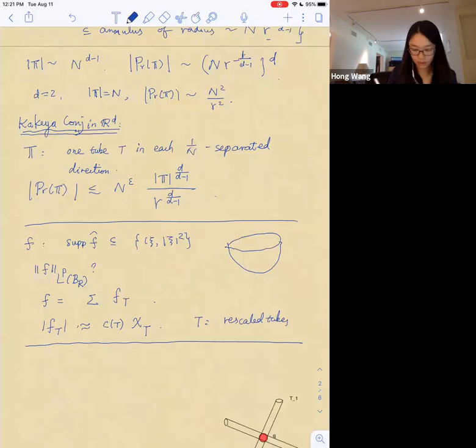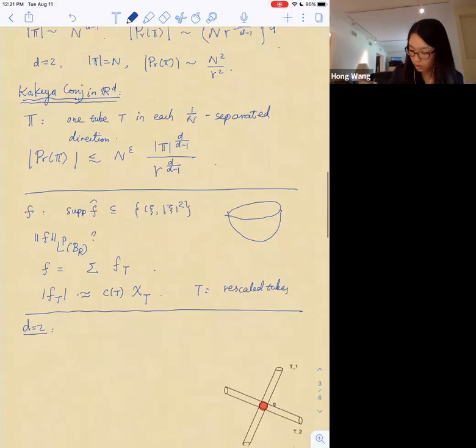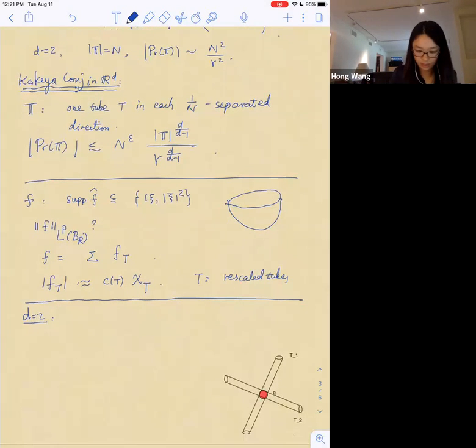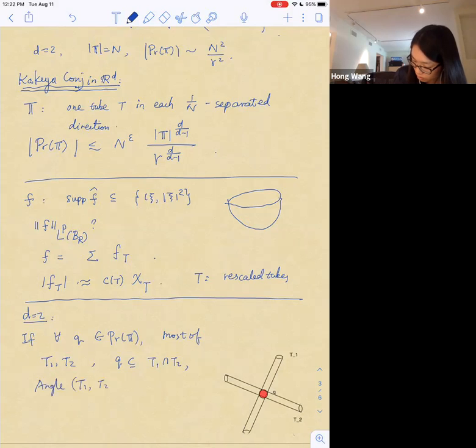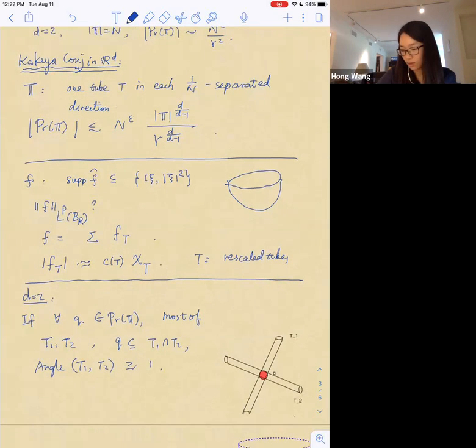For example, in dimension 2, when d equals 2, if we impose the bilinear condition, which says that for any average balls Q, most of the pairs of tubes passing through Q, the angle between T1 and T2 is larger than a constant times 1, which is in the picture here on the right hand side. So we call this the bilinear condition.